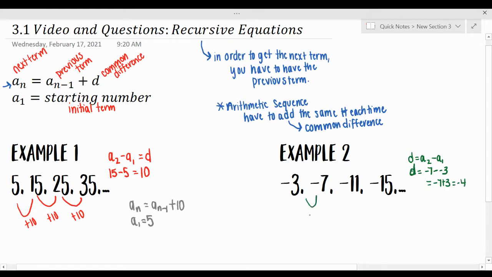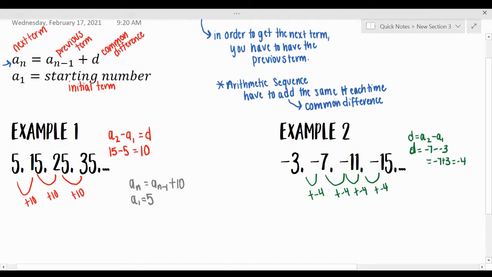So from here to here, I added negative 4. Here to here, I added negative 4. Yes, minus 4 is the same thing, but I want to make sure we know we're adding negative 4.